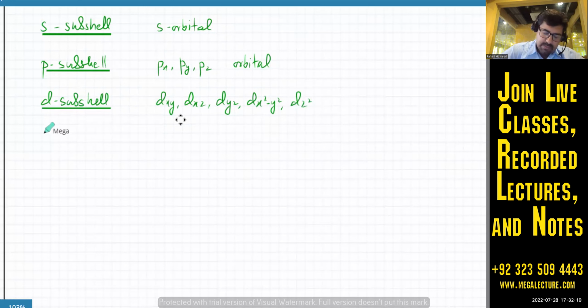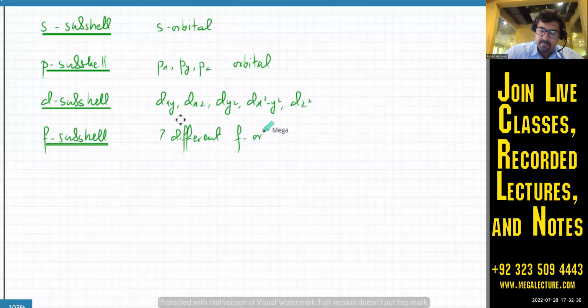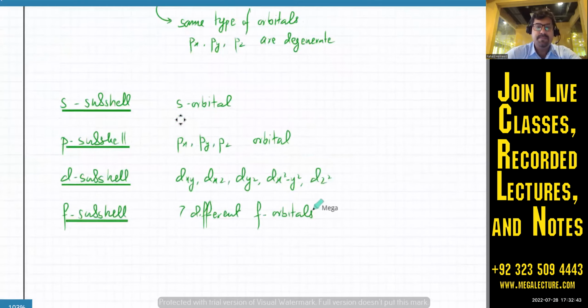The rear one, that's the F subshell. The F subshell will have 7 different F orbitals. So these things are your subshells.